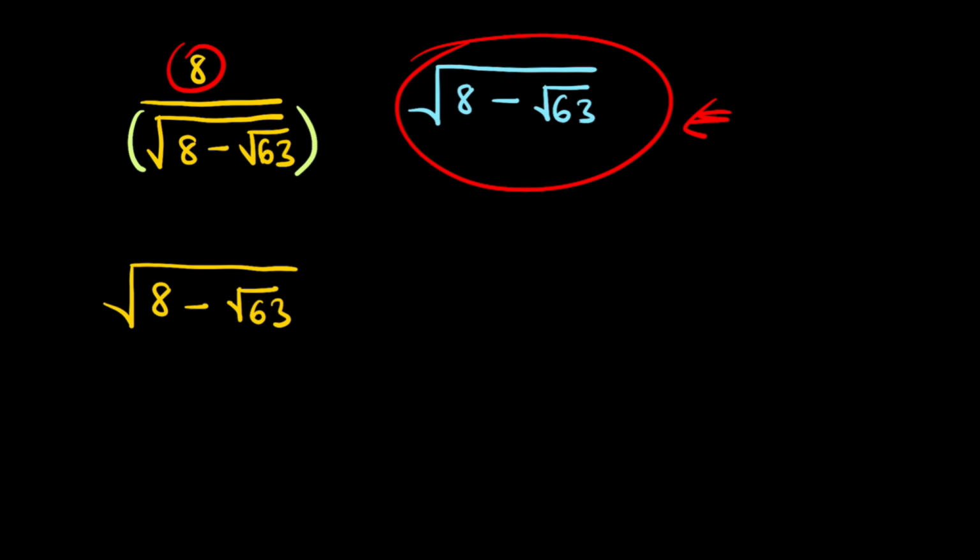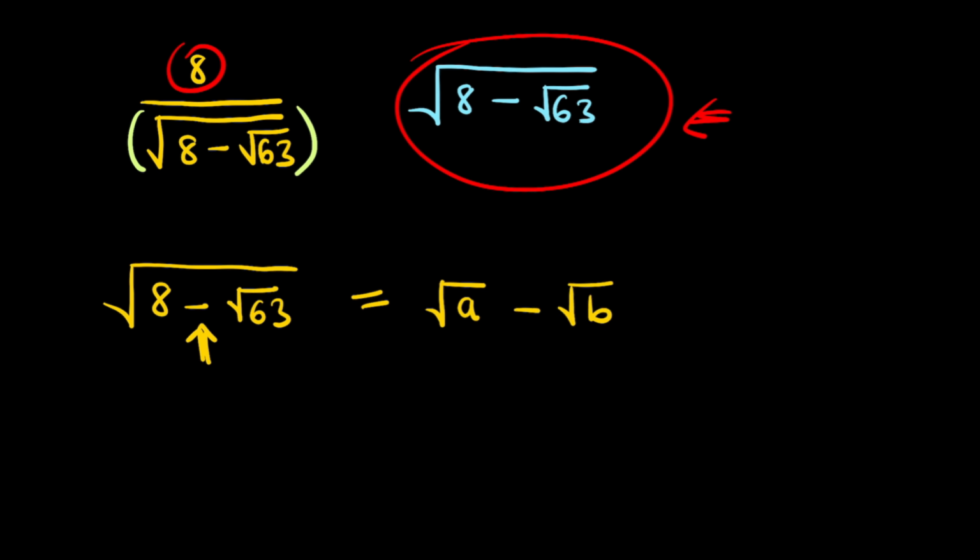What I'm going to do here is similar to something I've done in a previous video. Kindly watch the video that pops up. I'm going to equate this to, let's pick two random variables. Because this is negative here, I can say a minus b, but I'm going to use the square root of a minus the square root of b.